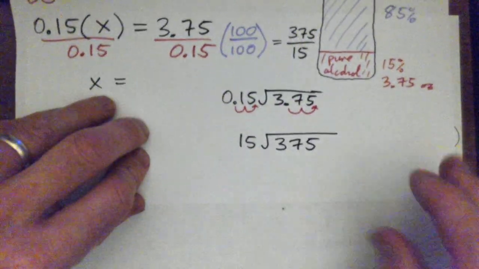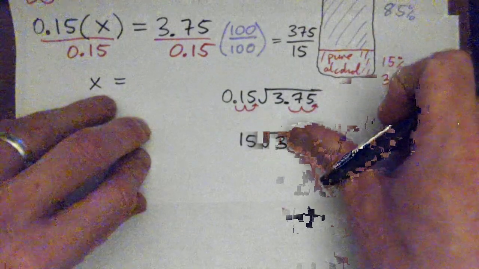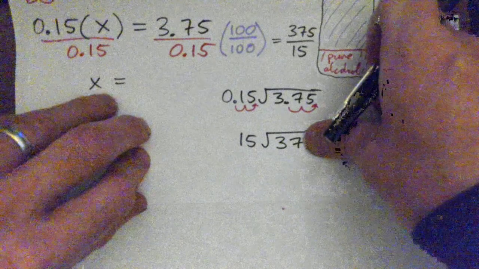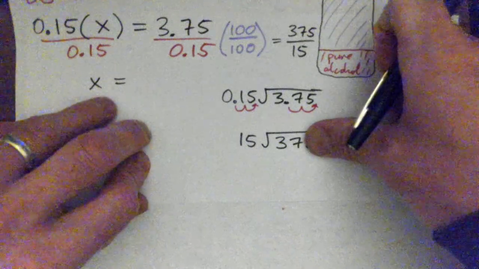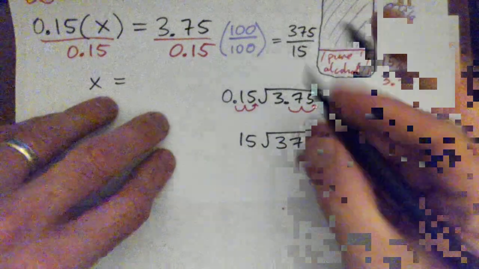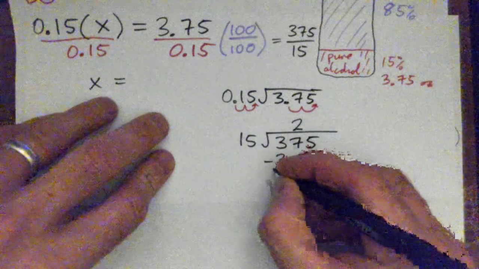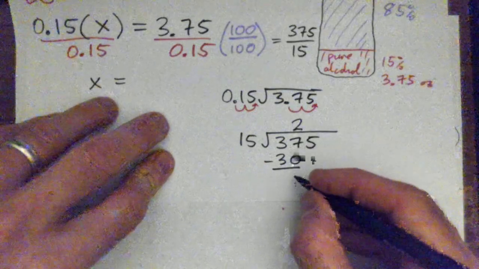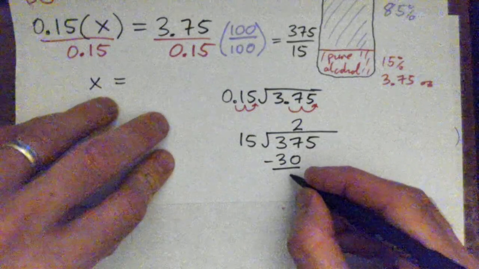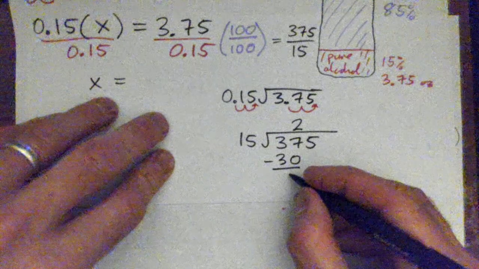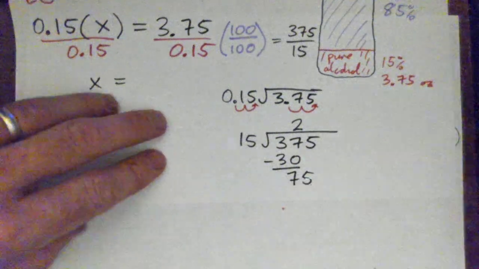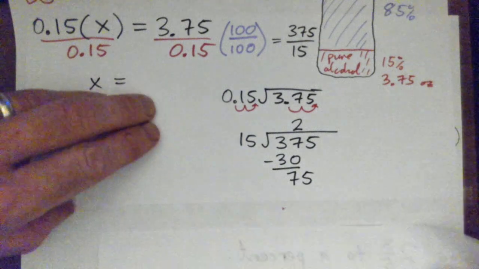Okay. So 15 into 3 won't go. And then move your finger over and block off the 5. 15 into 37. 2. 2 times 15, 30, and then subtract. 37 minus 30, 7. Bring down the 5. And then we've got 15 into 75.